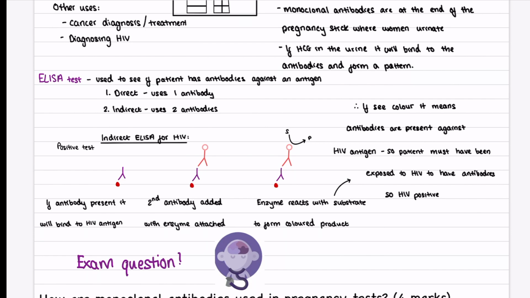The enzyme will react with the substrate to form a coloured product. If a colour is seen, it means that antibodies are present against the HIV antigen, so the patient must have been exposed to HIV to have the antibodies, so they are HIV positive.